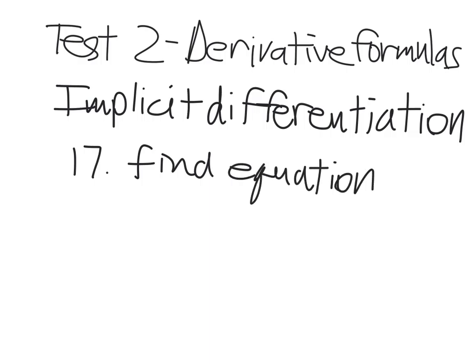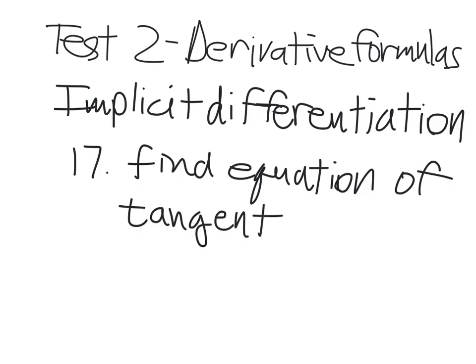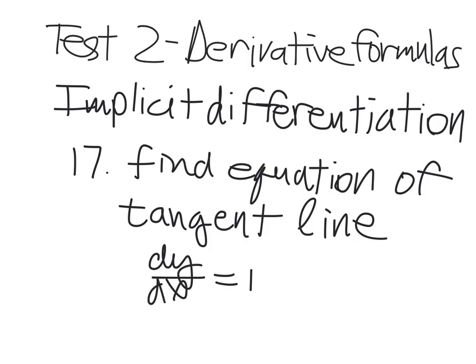So first off, we'd have to use implicit differentiation to find dy by dx, which turns out to be the slope of the tangent line. And in something like that, you'll be given a particular point.